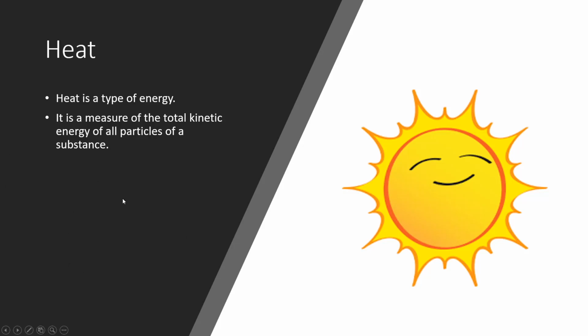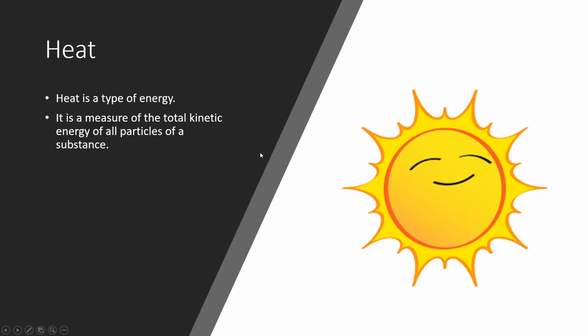So going to the examples we were talking about yesterday, say we had some sodium chloride, each of those atoms has a certain kinetic energy, and if you added up all of the kinetic energy of every particle in a substance, that would be what your heat is. Okay, now do we need to know how to measure heat?